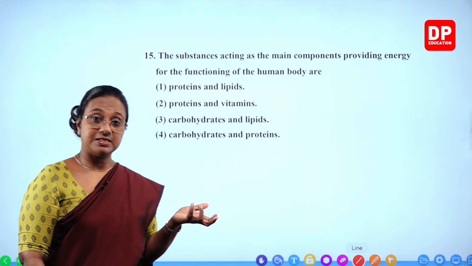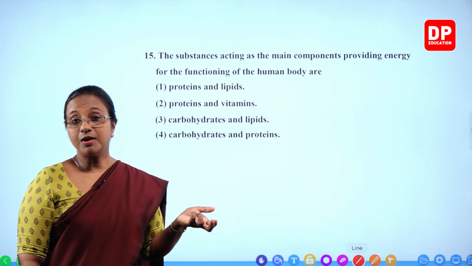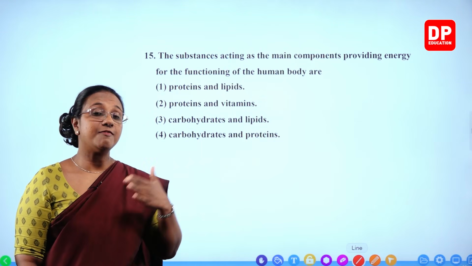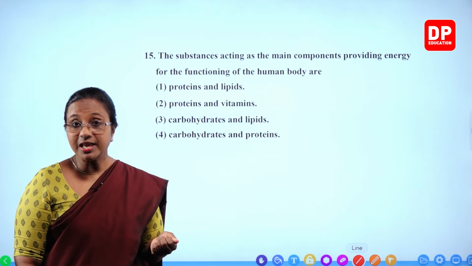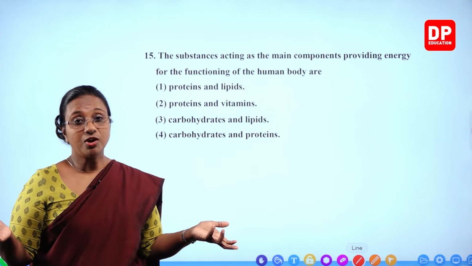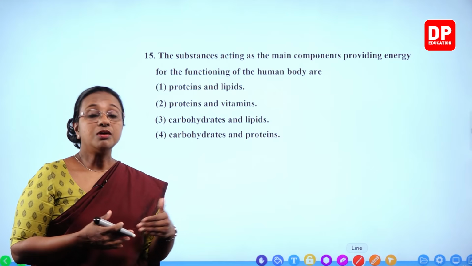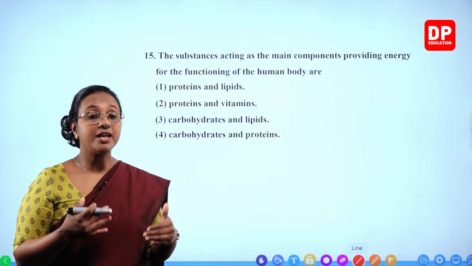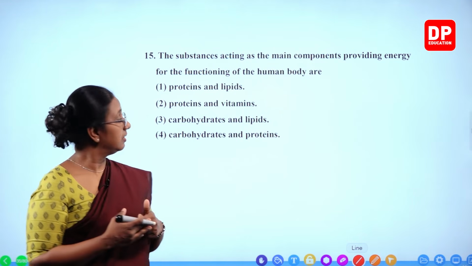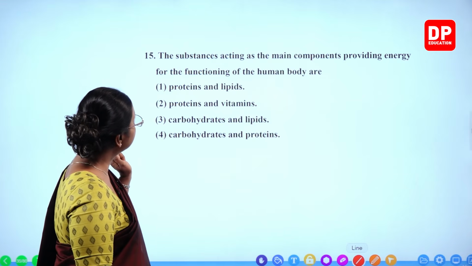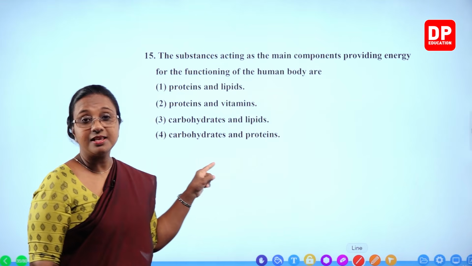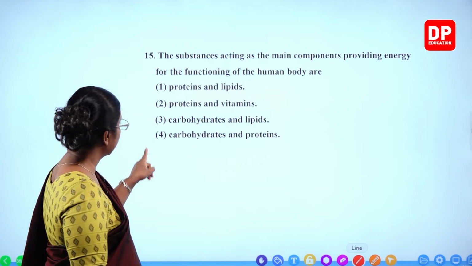Vitamins, what are vitamins? They are again organic compounds, but they don't provide energy. They are vital for the biochemical reactions, for example, clotting of blood or other reactions. So they are important for the biochemical reactions. Then carbohydrates and lipids. Like I said, they are the main energy sources.